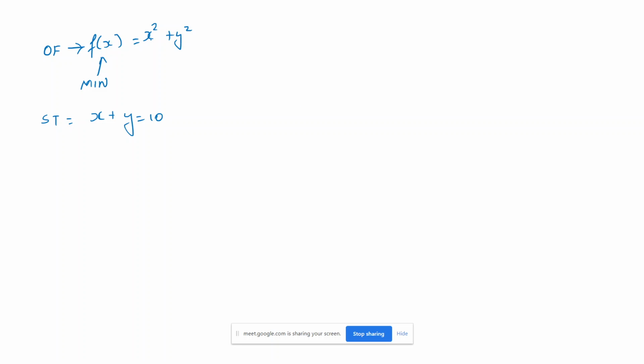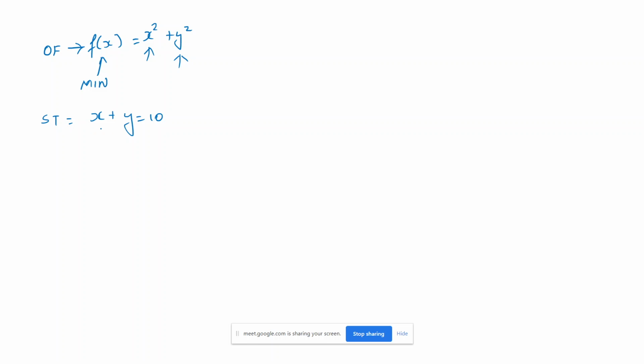You can put any values for x and y, no problem, but the total, if you square x and add y square, should be a minimum, subject to x plus y equal to 10.